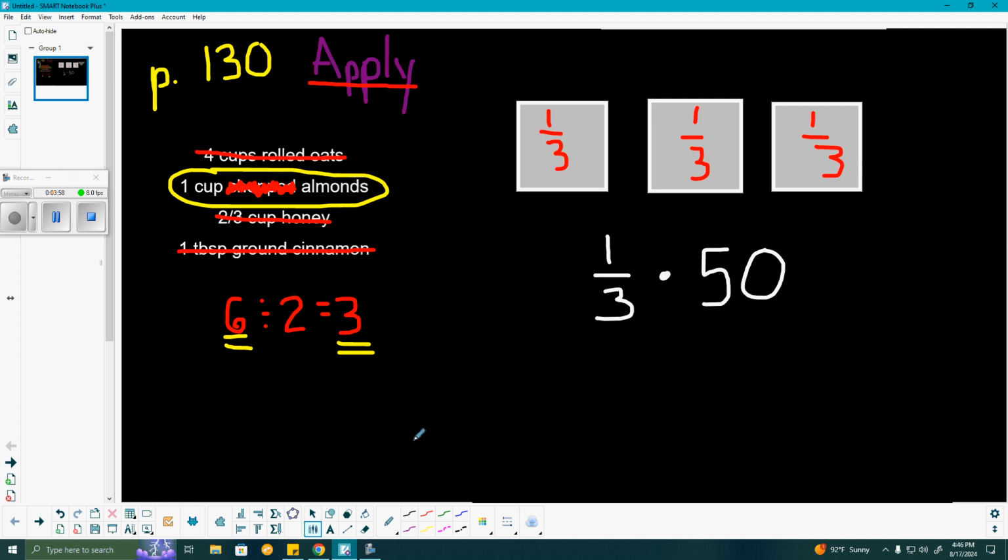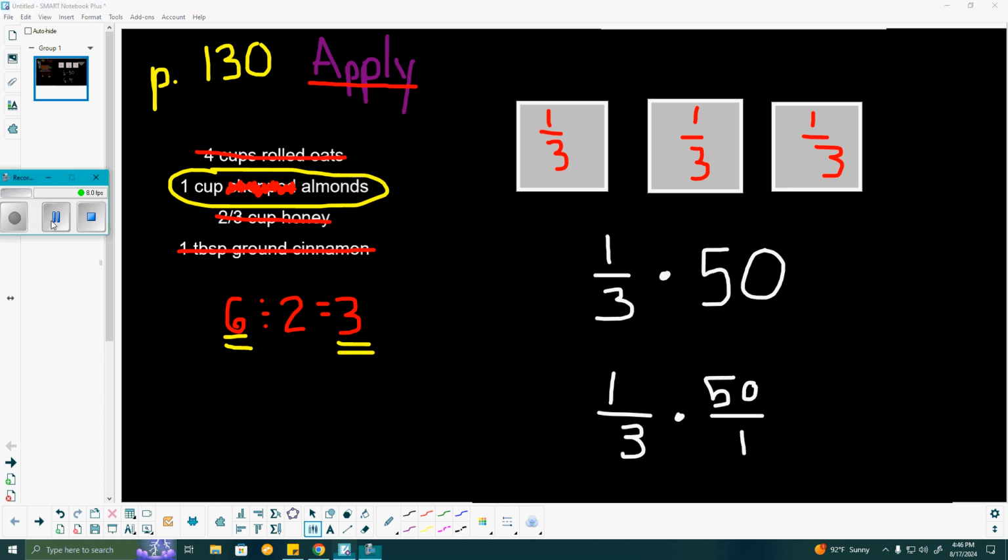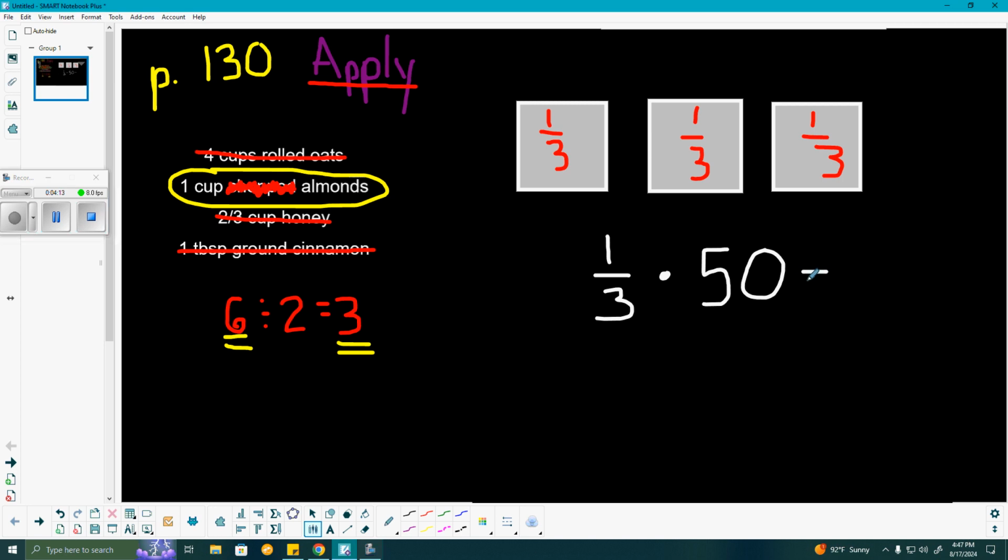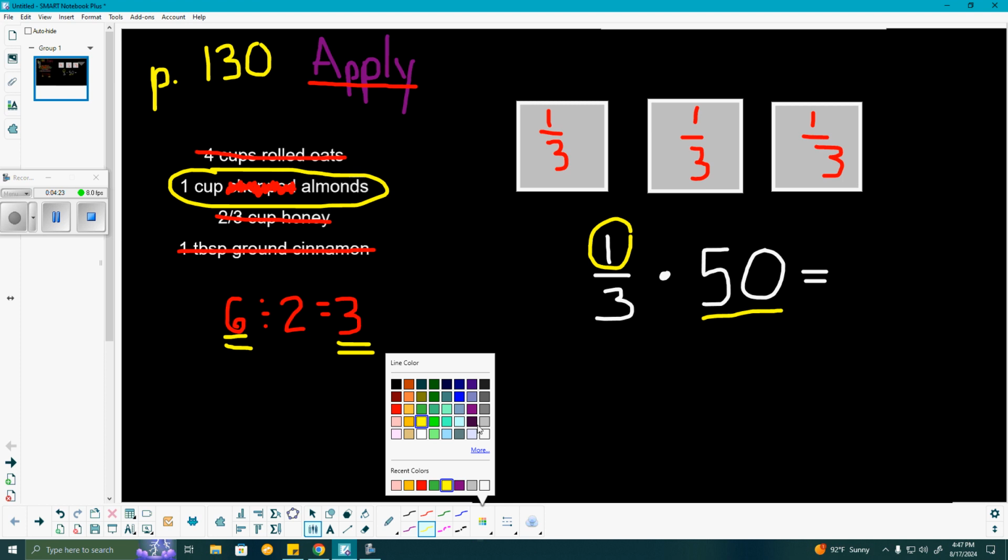Because we are on a 6th grade curriculum, we are no longer using the X for multiply. Now, you can either write this as 1/3 times 50, or you can write it as 1/3 times 50 over 1. It is the exact same thing. All you do here is multiply your numerator, which is your top number, by this factor, and then you will get your answer.